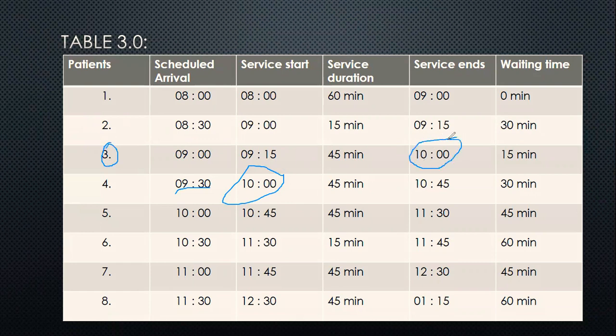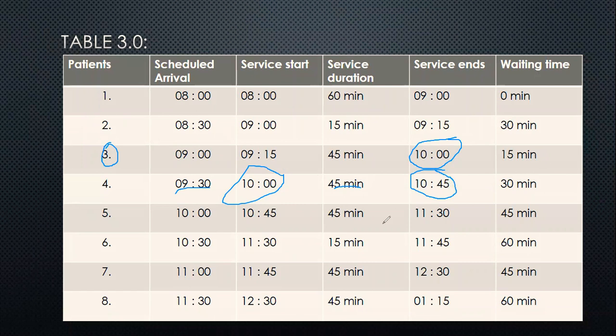If his service ends at 10, the next patient's service starts exactly at that time. And he also requires 45 minutes. So 45 minutes added to 10 becomes 10:45. How much time does he wait? He comes at 9:30, his service starts at 10. So he waited 30 minutes.